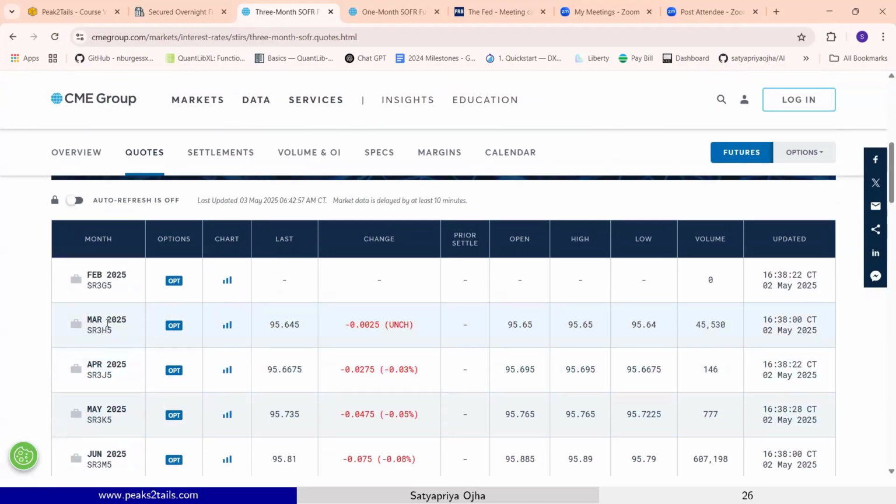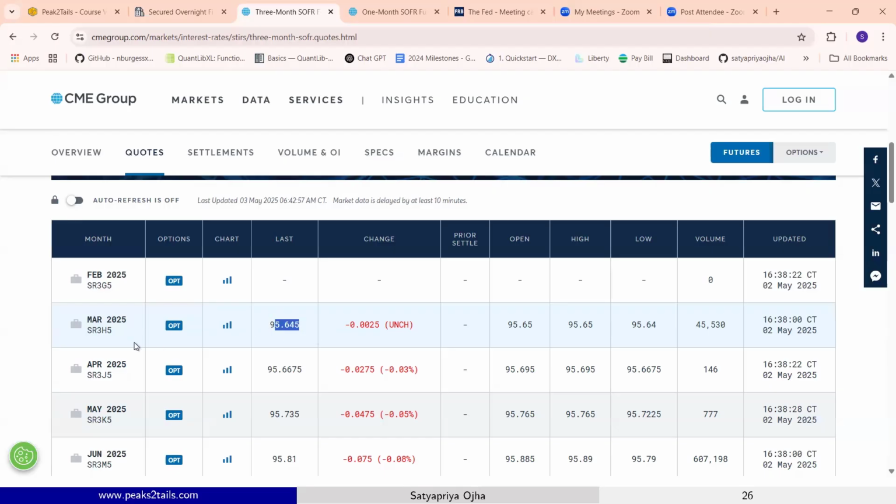But if you look at this one, the March future is not done yet. The March future is between March and June. We are in the month of May. So this is a peculiar case. What is the rate? The rate is 4.355%, I guess, right? 4.35%, 100 minus this. Yes.